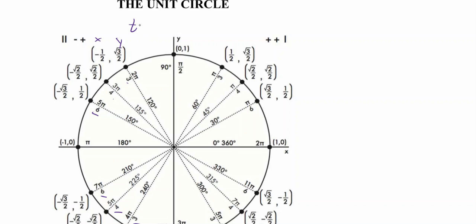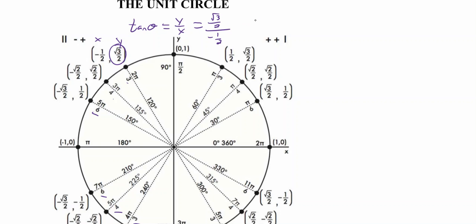Because if I said tan theta is equal to y over x, but instead of a y, I wrote what y was there: root 3 over 2 divided by negative 1 over 2. Do you see how the 2's would cancel?